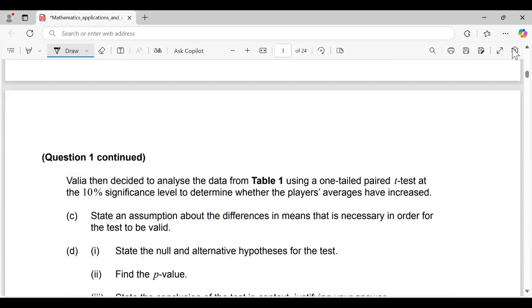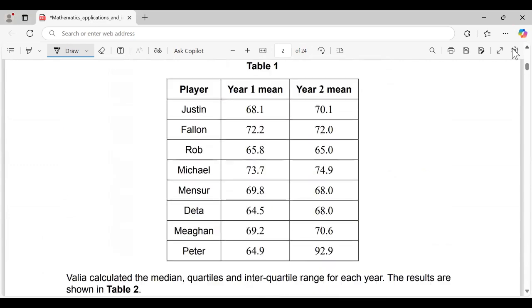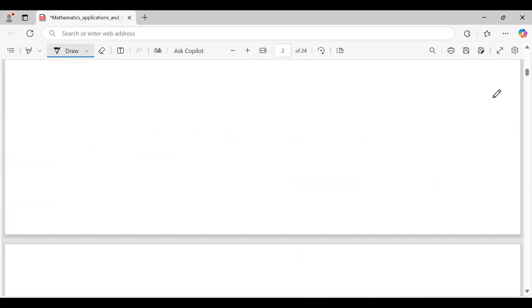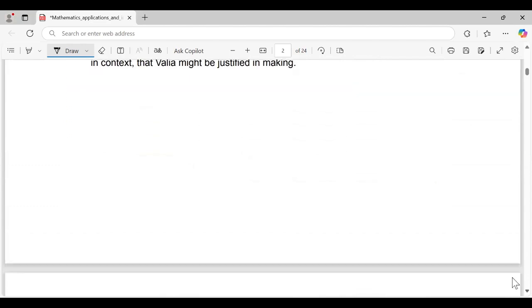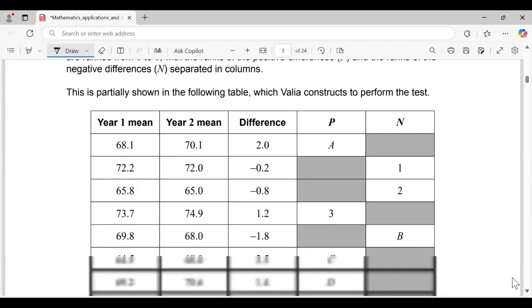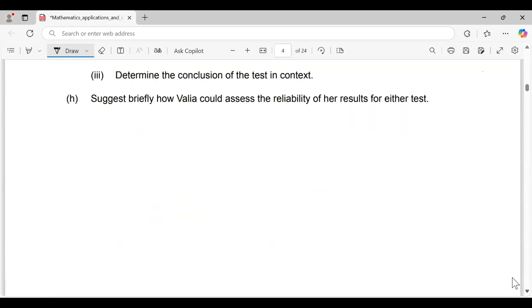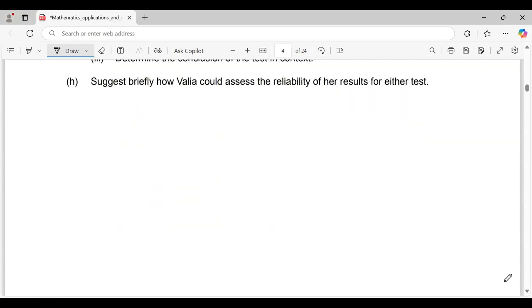So the first step, we are going to arrange this data in order for year 2, from the smallest number to the greatest.